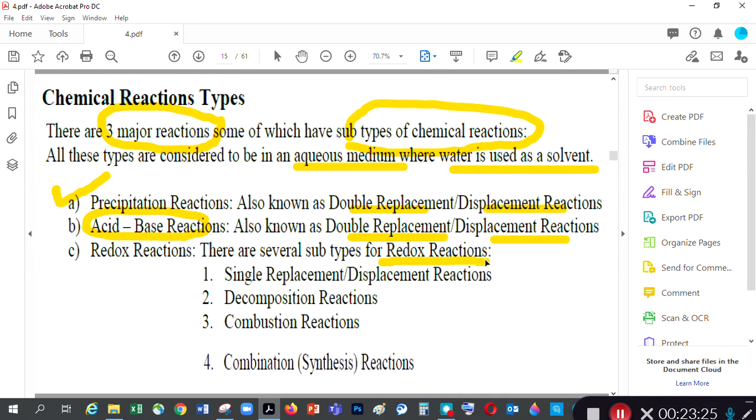Red means reduction, and ox means oxidation. So reduction-oxidation reactions can involve single replacement, decomposition, combustion, and combination or synthesis reactions. All those four go underneath the redox reaction.